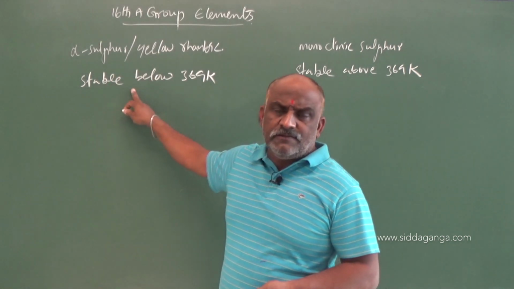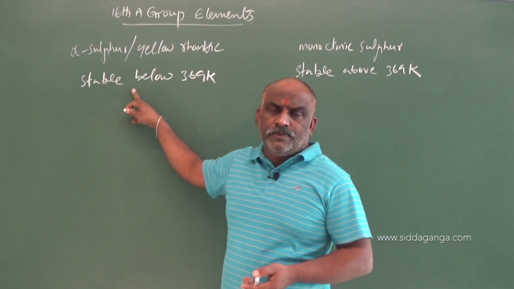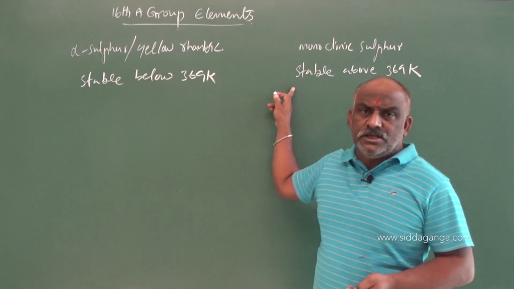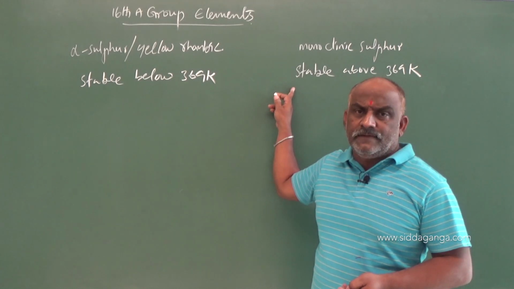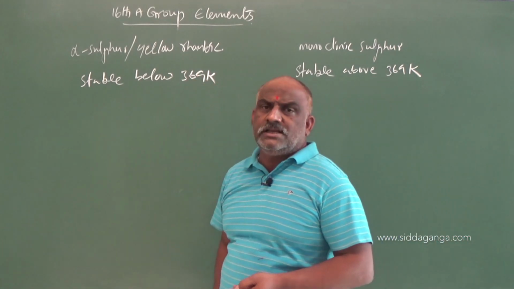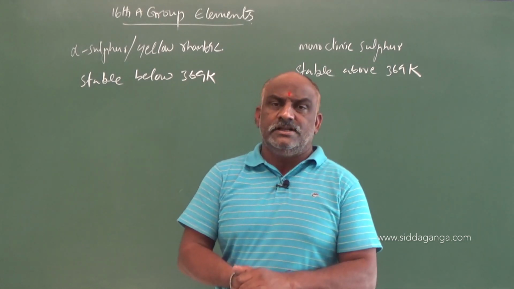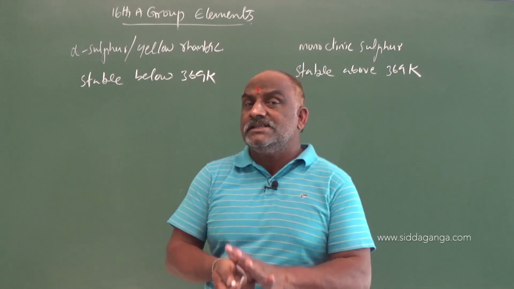So here at room temperature alpha sulfur is stable, beta sulfur is not stable. Clear? 369 kelvins is nothing but 95.6 degrees centigrade, we consider it as 96, but actually the value is 95.6 degrees centigrade.